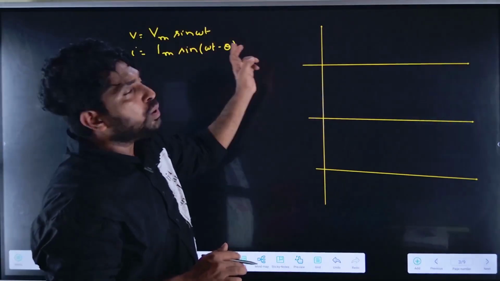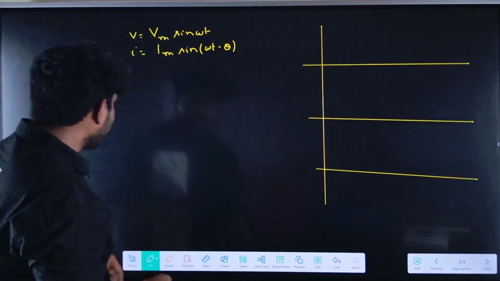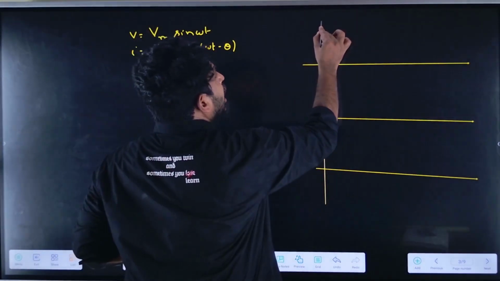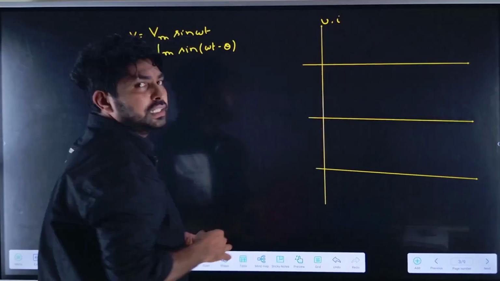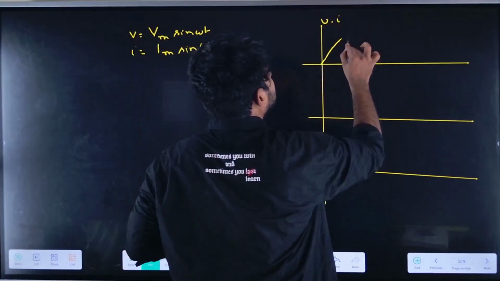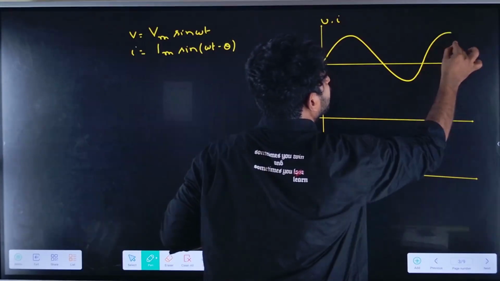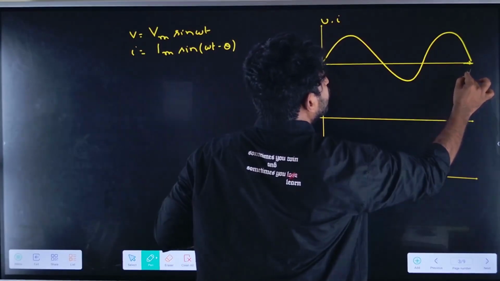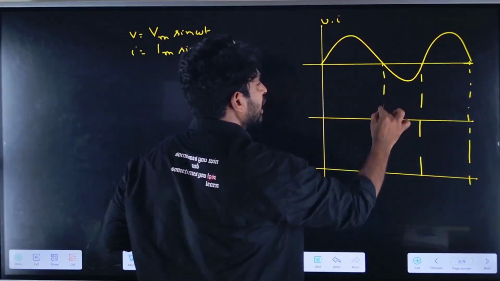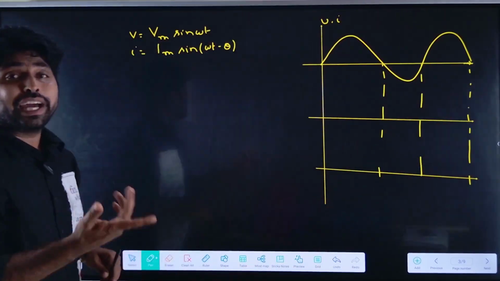If I want to draw the voltage and current here, how can I draw? Voltage is the pure sinusoidal waveform, V = Vm sin ωt. How will the current be?